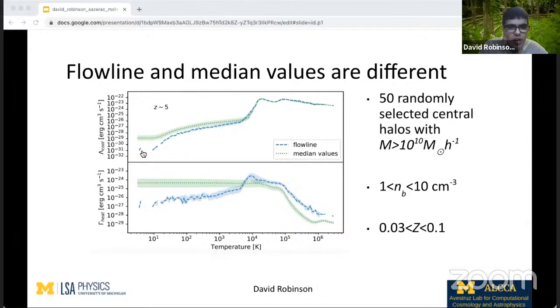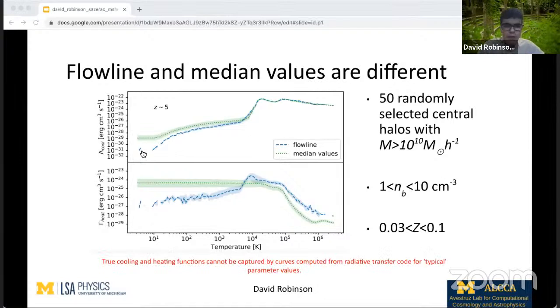And so the main way we interpret that is that the true thermodynamics given by the flow line cooling and heating functions can't be captured by these median values curves that could be computed from a radiative transfer code like Cloudy with typical density, metallicity, and radiation field values.